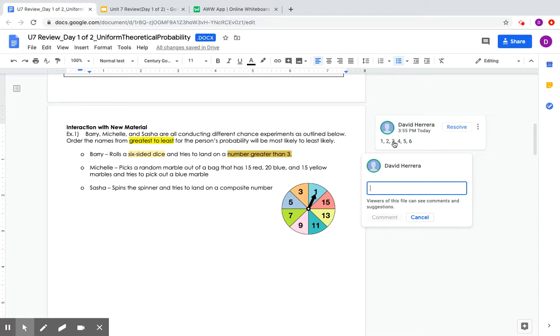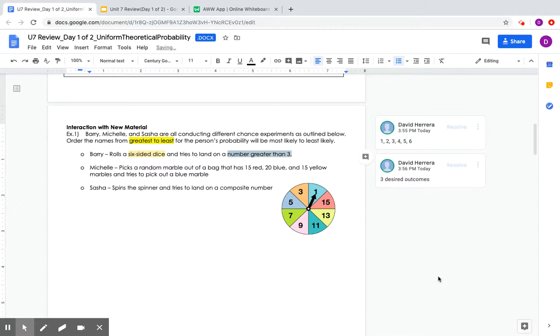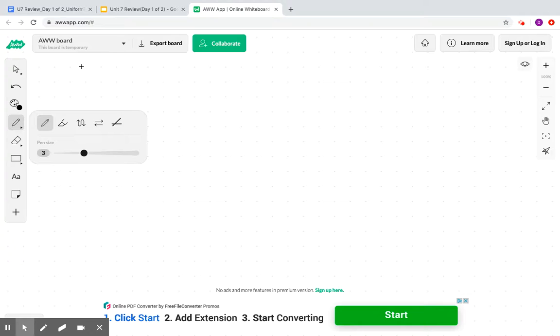Just be careful. 3 is not greater than itself, but 4 is greater than 3. 5 is greater than 3, and so is 6. So that is a total of 3 desired outcomes. The desired outcome is what the question is asking you to find. So now I'm ready to go ahead and solve this question, and I'm gonna go over to the whiteboard.